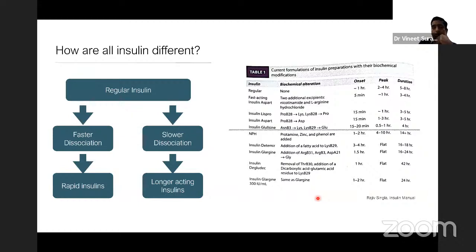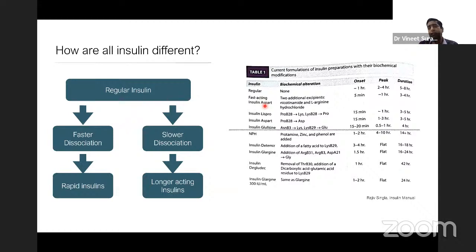We have these five insulins which are the faster acting, rapid insulins, and these are the slower or longer acting insulins. Regular insulin is the standard regular insulin which we use. Then there is the faster acting insulin aspart, which has an immediate onset.